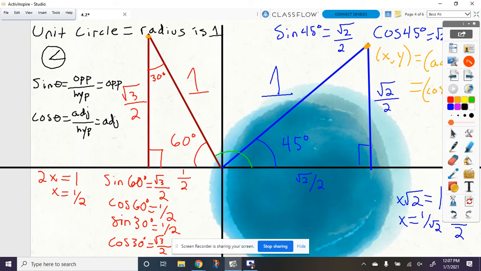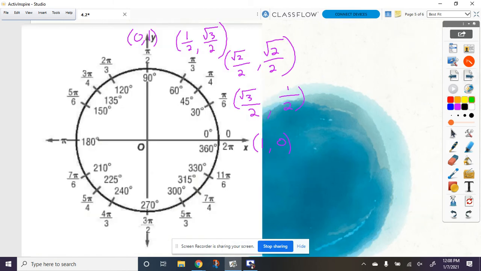How'd we get that? 180 minus 60. Agreed. So the whole way from the positive x to the negative x-axis would be 180. I know that the portion inside of my red triangle is 60, so that means that the leftover piece would be 120 degrees, which tells us that my 120-degree angle is going to have the same values as my 60-degree angle, which means that my ordered pair, or my sine and my cosine, are also going to have the same values.